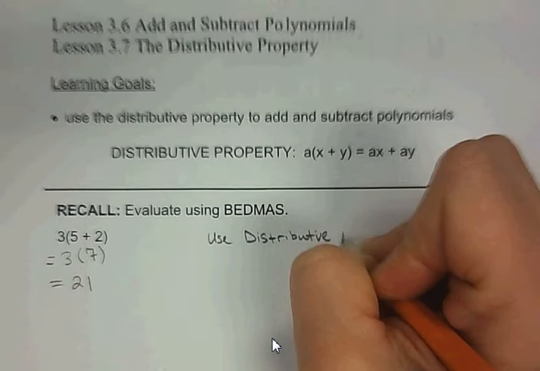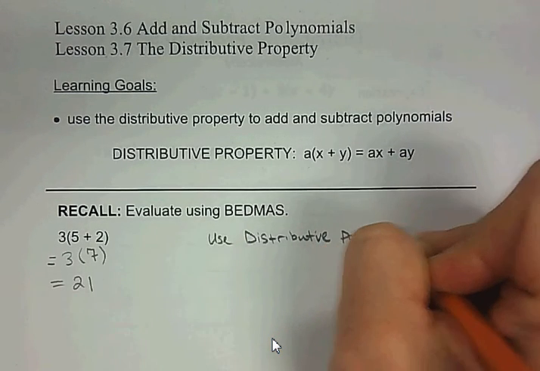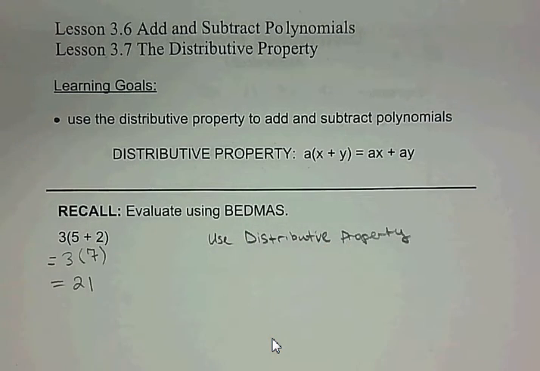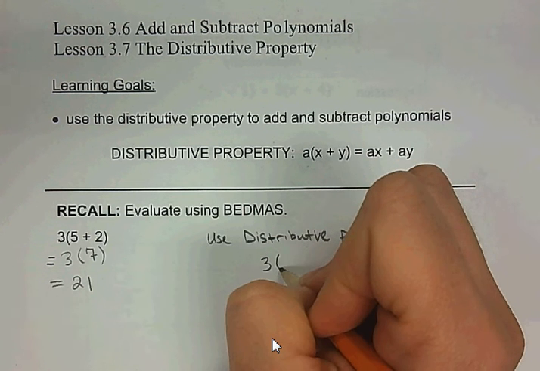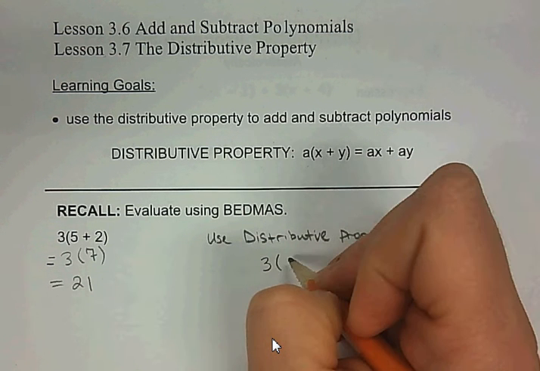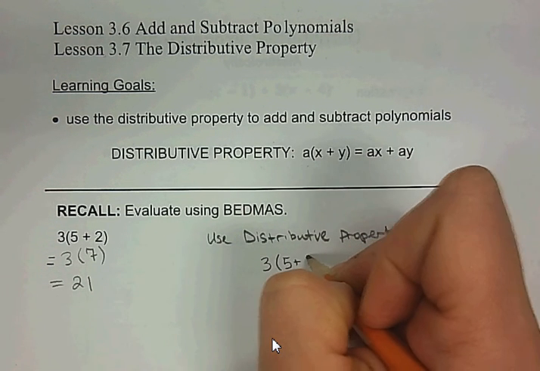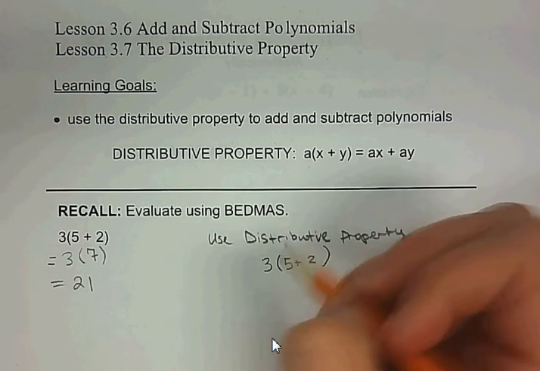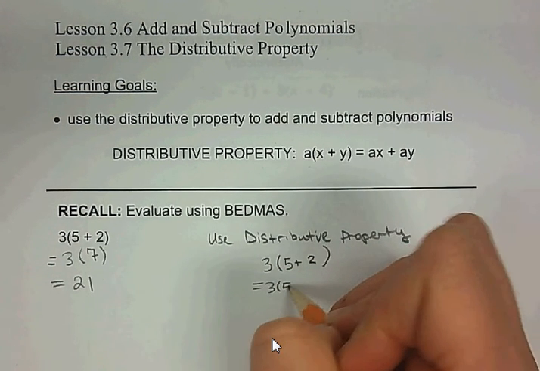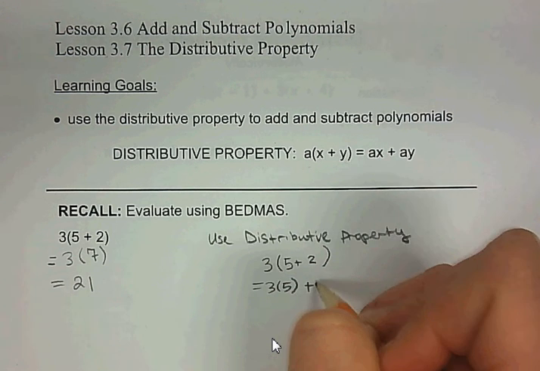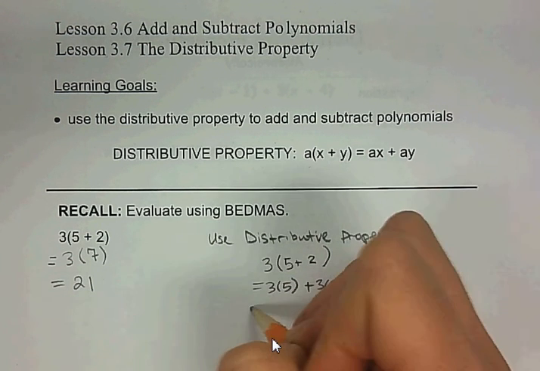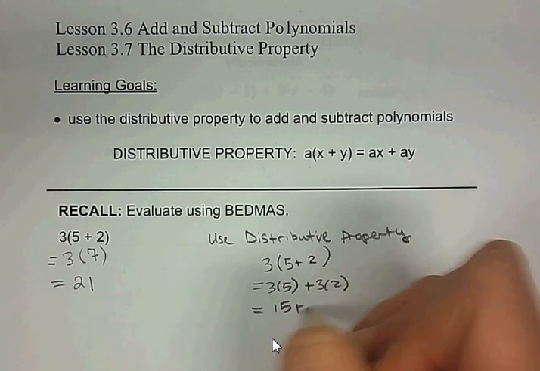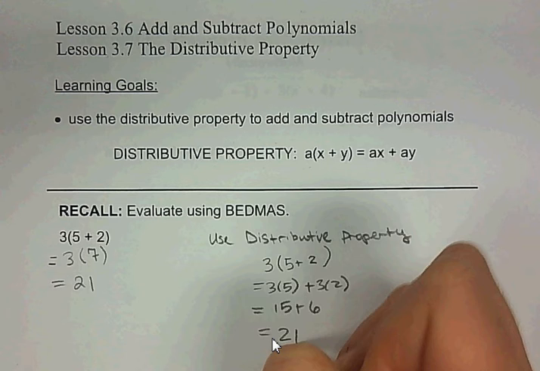If we use distributive property, a would be replaced by 3, and x would be replaced by the 5, and y would be replaced by 2. So what that looks like is 3 times 5, so that's your ax, 3 times 2, that's ay, which equals 15 plus 6, also equal to 21.